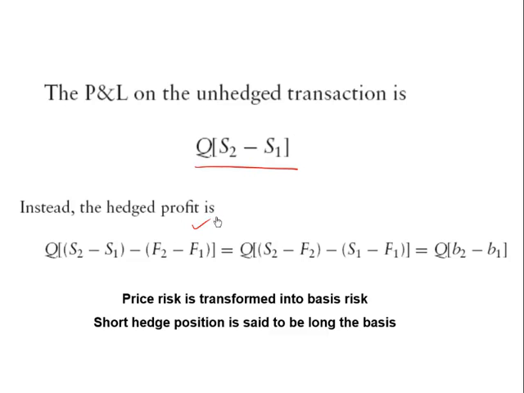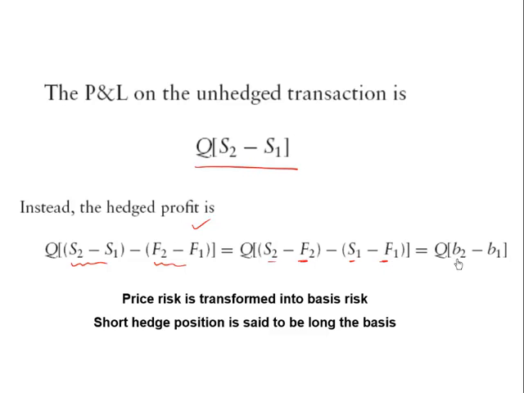So our net gain or loss is now not dependent on just S2 minus S1 or the movement on spot. It is the combined payoff of the movement on spot and the movement in the forward. Or we can write this as (S2 minus F2) minus (S1 minus F1).